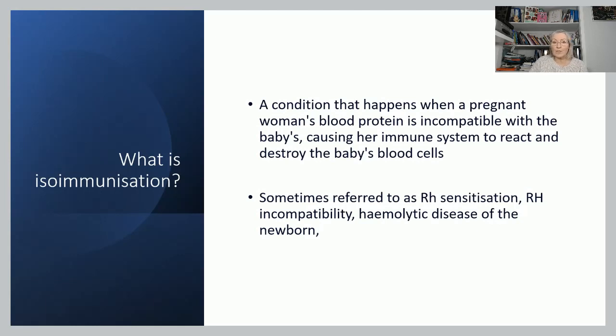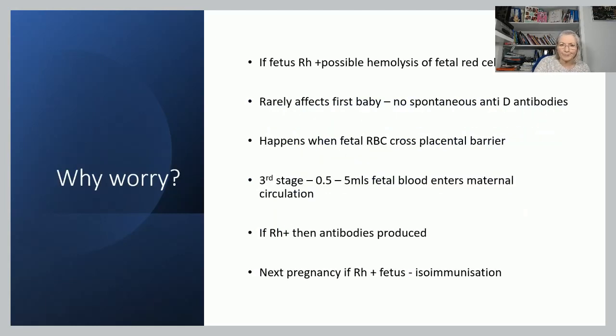Those antibodies will see that as a problem, and they will send out a message to destroy those foreign cells, the baby's cells. Okay, it's sometimes referred to as Rh sensitization or incompatibility, or sometimes you will hear it referred to as hemolytic disease of the newborn, or HDN.